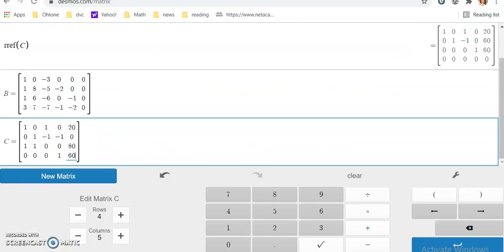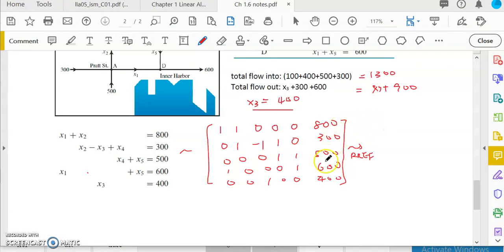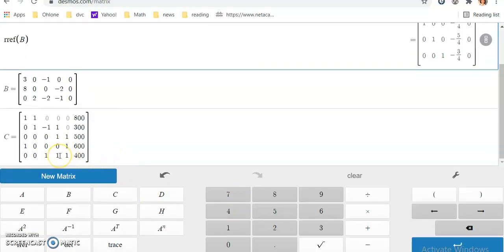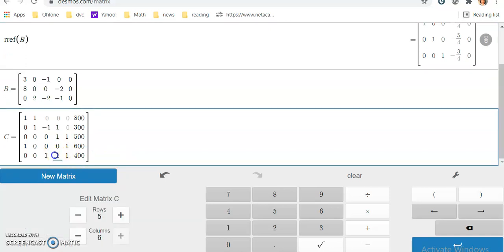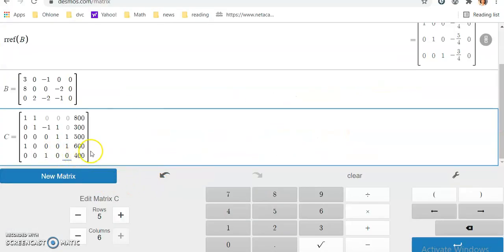Maybe not. I have 800, 300, 500, 600, 400. The 400 seems wrong, right? So the 400 should go in the last row, right? Yeah, the last one is just x3 equal to 400.